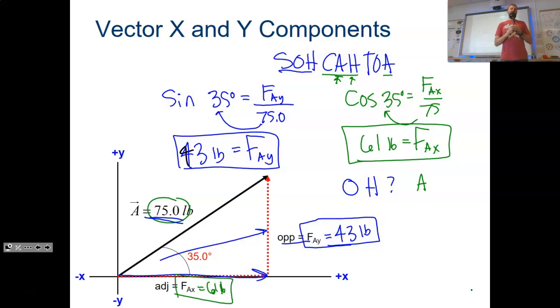So, how much is it pulling to the right? It's pulling to the right at 61 pounds. It's also pulling up at 43. It's really important to know when you're doing problems like this, and you saw that from the first part, we had that hook, and it was pulling at a couple angles. It's pulling to the right at 61, and it's pulling up at 43.